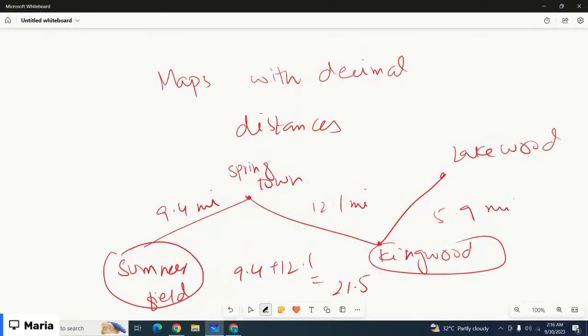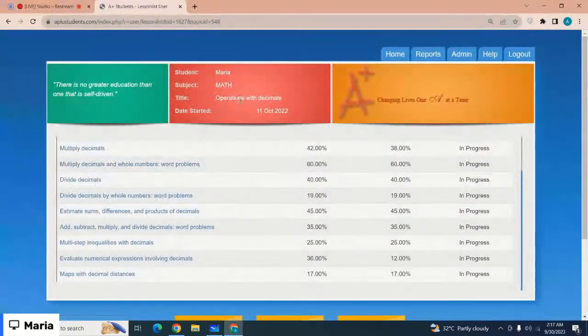So let's just start with the practice questions. Here we are on the lesson operations with decimals.